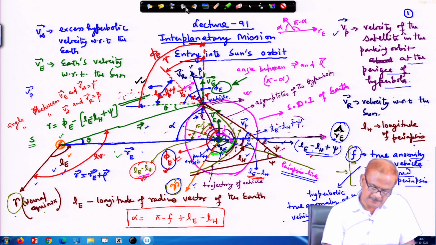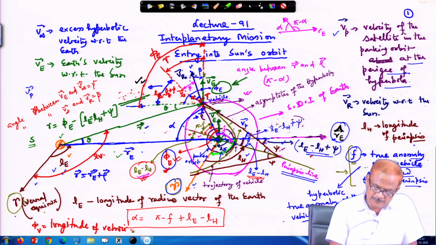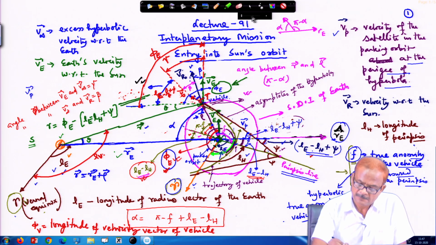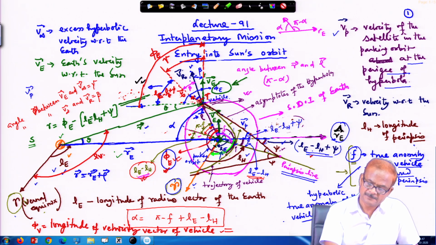So, phi v, let us write it, phi v we define as the longitude of the velocity vector of the vehicle.